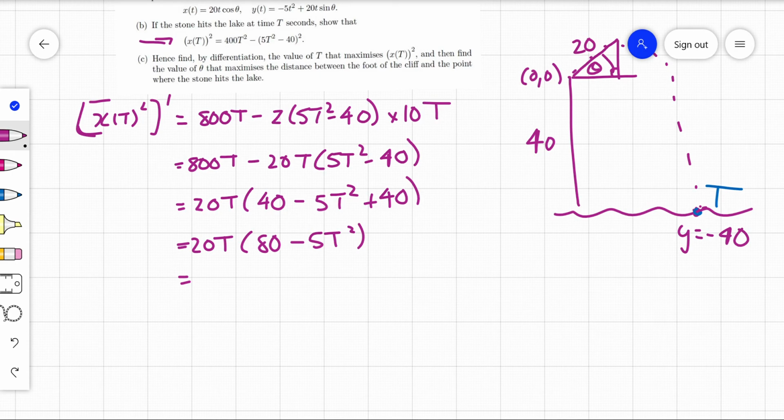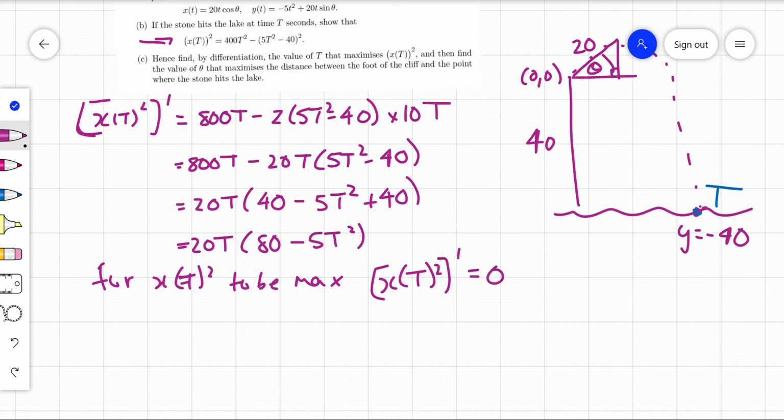I can just say, you can see that for this x of t squared to be maximum, then I need x of t squared dash to equal 0. So either t is going to equal 0, which we know it can't because that's where we start, so that is not where it falls into the sea or the pond.